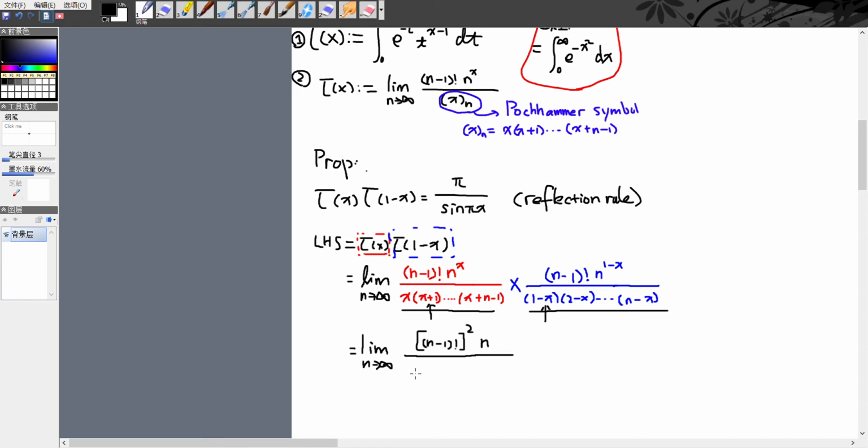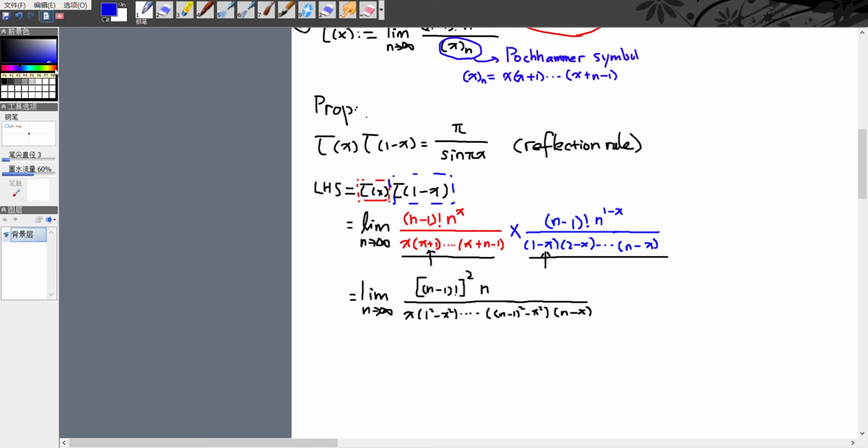So this will equal x times (1 squared minus x squared) all the way to ((n minus 1) squared minus x squared) times (n minus x). Oh, n minus x, I'm sorry. Now, notice that this term is just equal to 1 squared times 2 squared times 3 squared all the way to (n minus 1) squared.